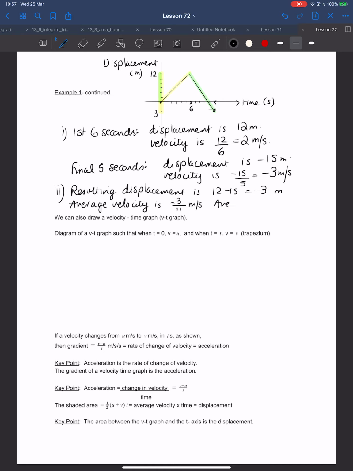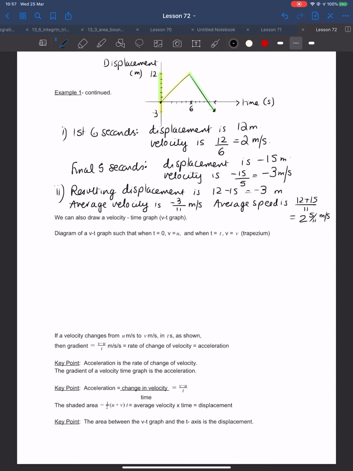The average speed is 12 plus 15 divided by 11, which is 2 5/11 metres per second. So the speed doesn't take into account that the 15 is in the opposite direction to the 12.